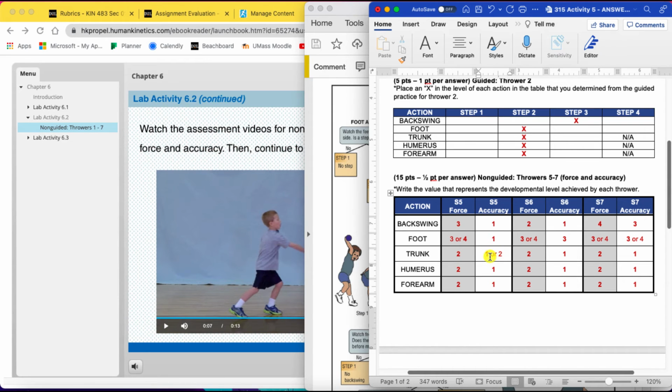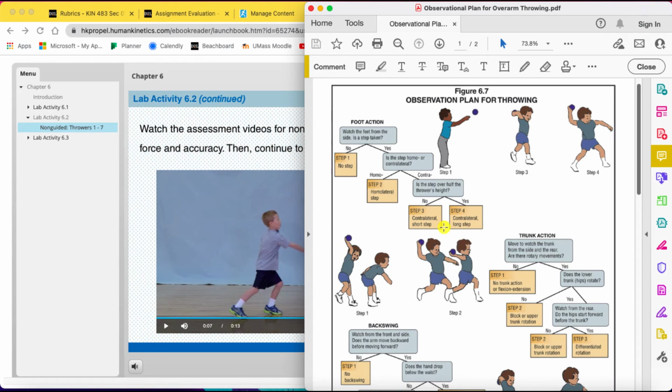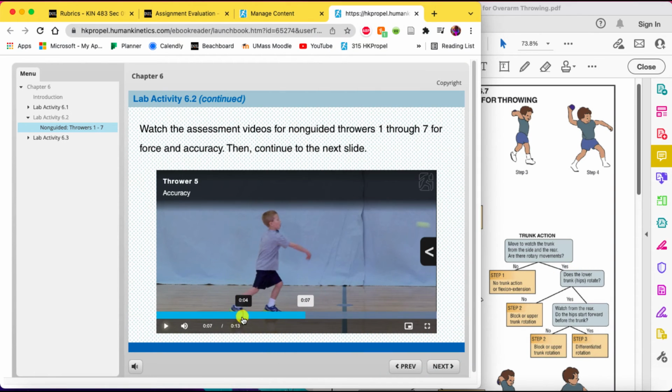For the trunk, the book argued that he was at a level 1, but I think you could argue a level 1 or 2. If we watch for any rotary movement, the book basically said no, because it's not a whole lot right there.